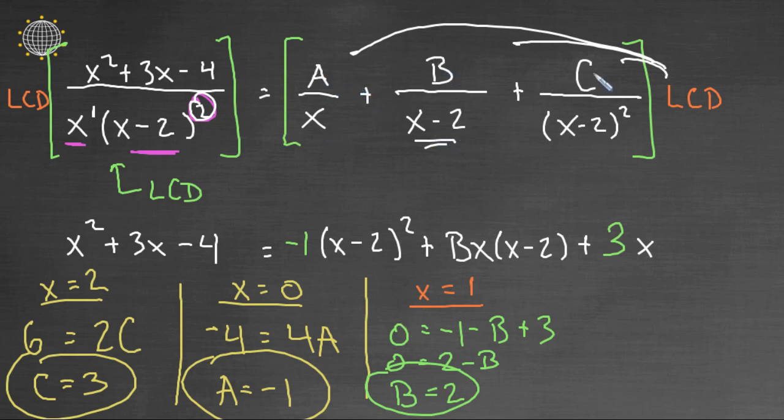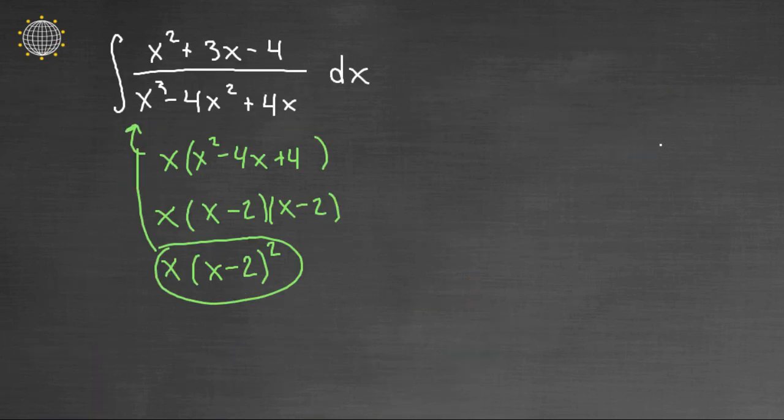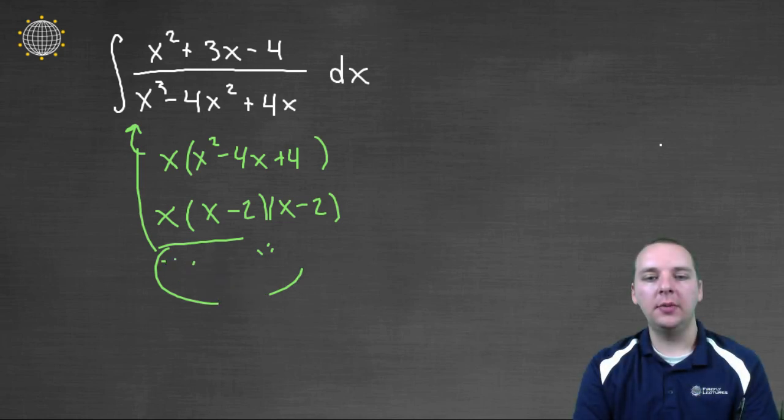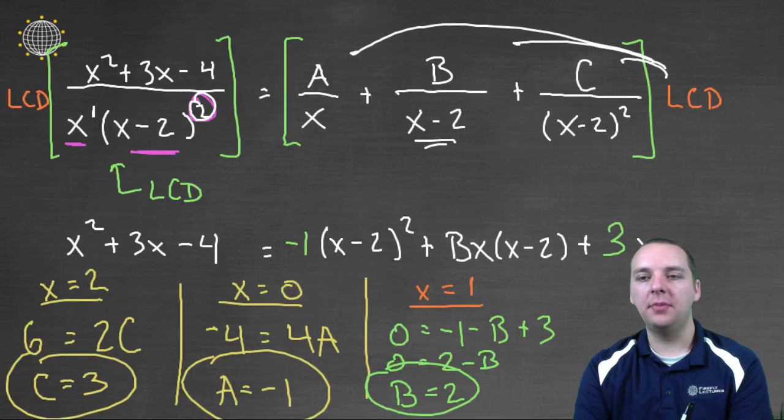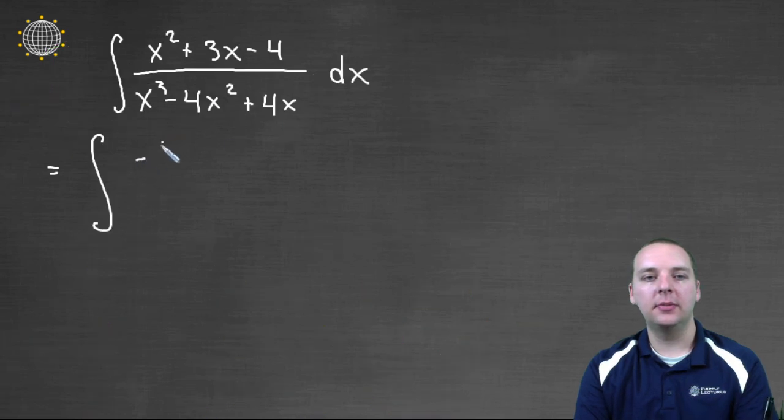So a over x, b over x minus 2, c over x minus 2 squared can be specifically defined now. So I'll tell you what, let me erase this. Okay, and integrating this is the same as integrating, let's write them down. A over x, so negative 1 over x.